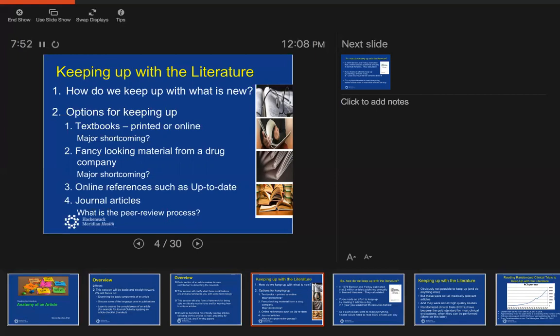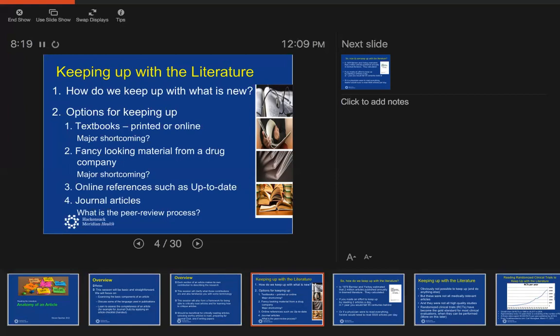So what's a major shortcoming of textbooks, especially printed textbooks? Right. They can be out of date pretty quickly, especially as we have so many advancements in all medical fields. You can look for information to learn from some of these fancy handouts that you might see elsewhere, from some of the drug companies.